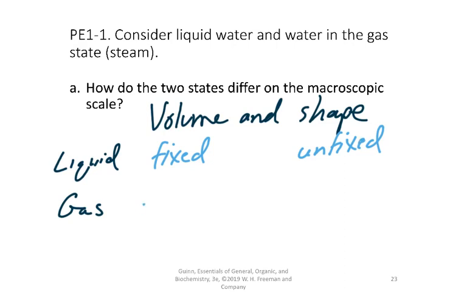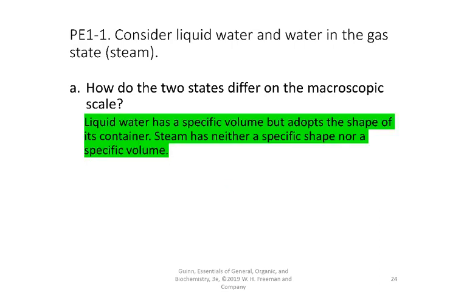A gas takes the volume of its container and the shape of its container. In the words of the textbook answer, liquid water has a specific volume but adopts the shape of its container. Steam has neither a specific shape nor a specific volume.